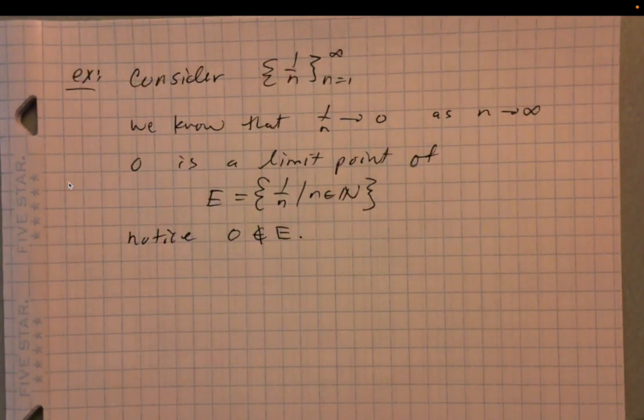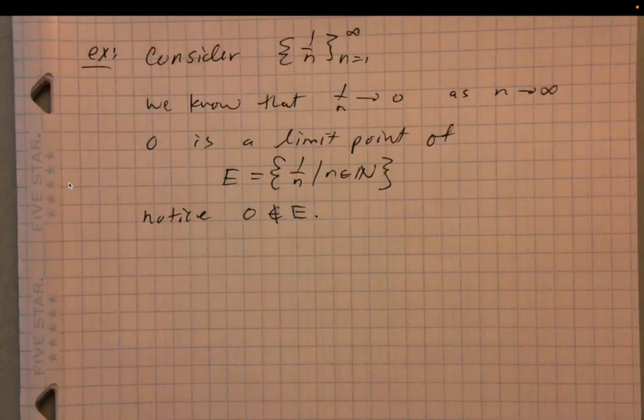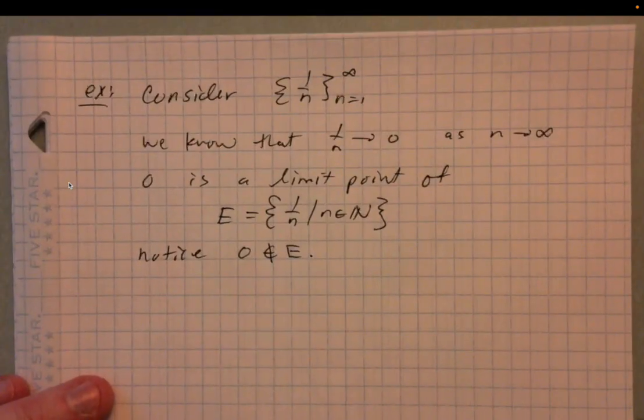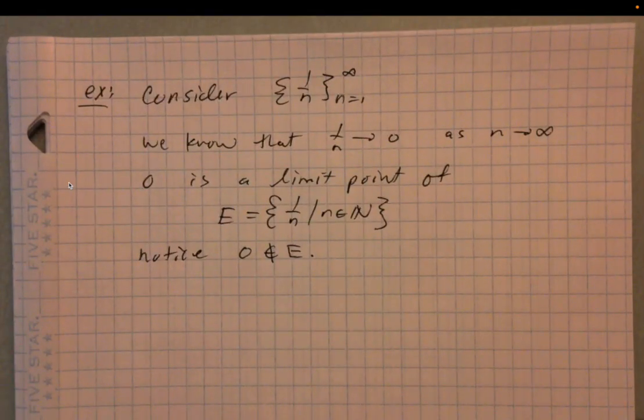Right? 0 is not in E. E is going to contain only non-zero rational numbers. So 1 over 1, 1 over 2, 1 over 3. It's going to get very, very close to 0 as n gets very, very large. But 0 is not in E, yet 0 is a limit point of E. Now what about the other points that are in E?